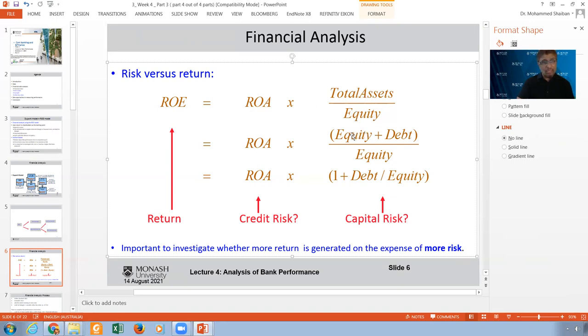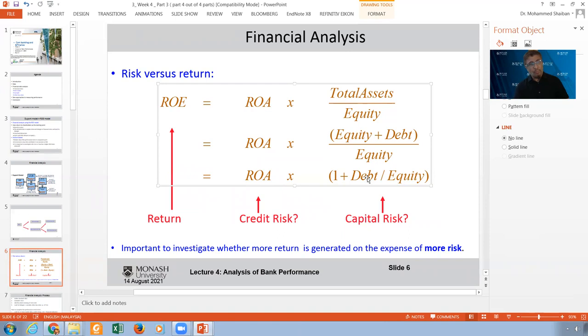And total assets is actually equity plus debt. This is the total liabilities, which is equal to the total assets. Then we have 1 plus debt over equity. So I can take the equity with the equity and bring the debt over the equity. So this is actually the capital risk, if you look at it mathematically.